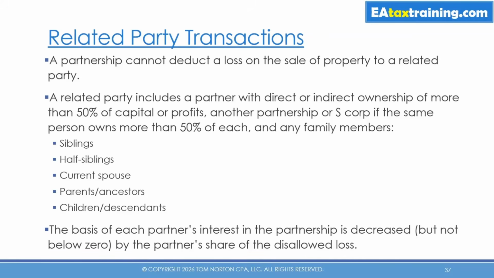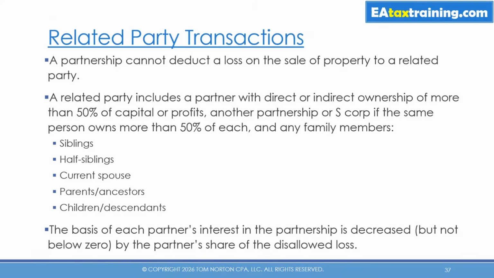So who is a related party? Well, a related party includes any partner with a direct or indirect ownership of more than 50% of the capital or profits, either one. It also includes another partnership or an S Corp if the same person owns more than 50% of each, and any family members. So you may have multiple entities. Maybe you've got an S Corp and you've got a partnership.